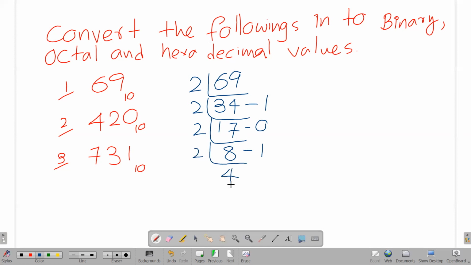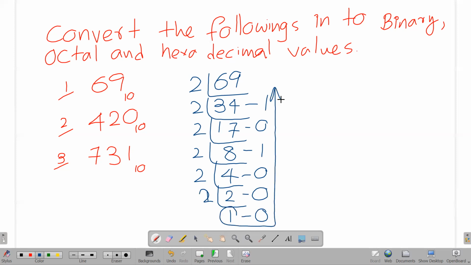Again by 2, 4 and 0. The answer is 1 triple 0 and 1 0 1. So this is going to be the answer for 69 in binary.